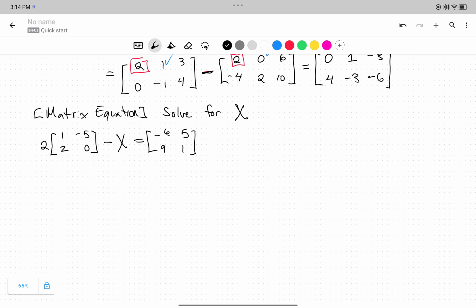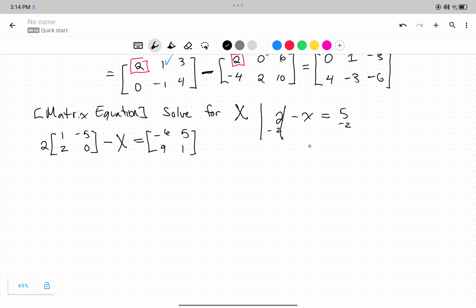Okay, so we're all set. We're going to solve for x. So a little side note. Think of it like if it was just a regular equation. What would you do if it was a regular equation? If it was 2 minus x equals 5, you would minus 2 on both sides, right?